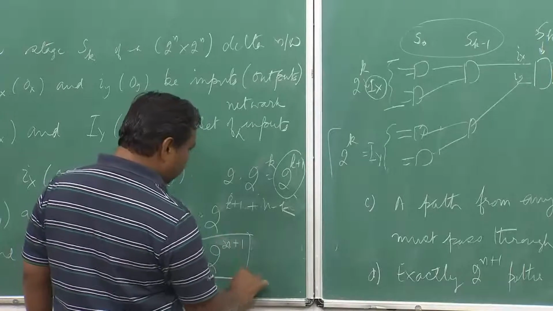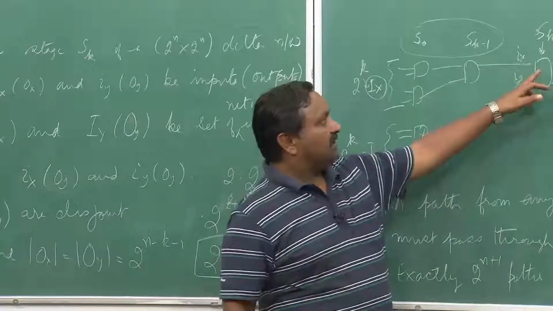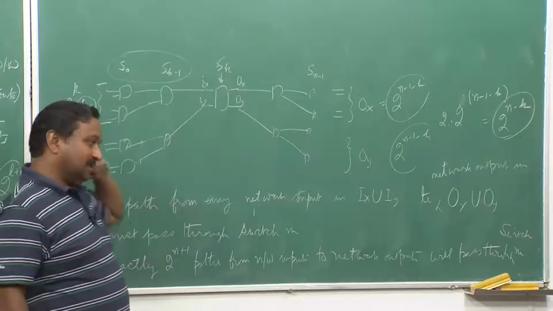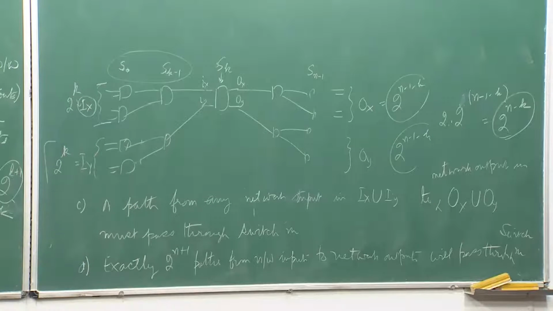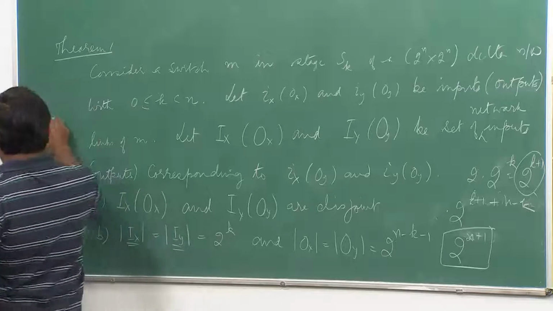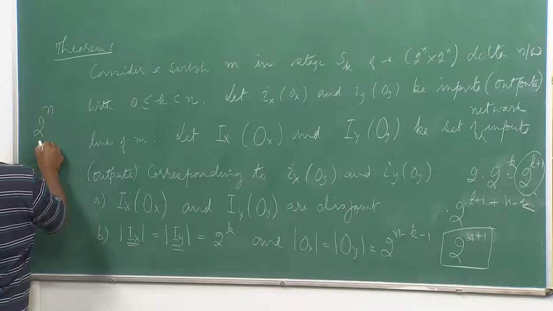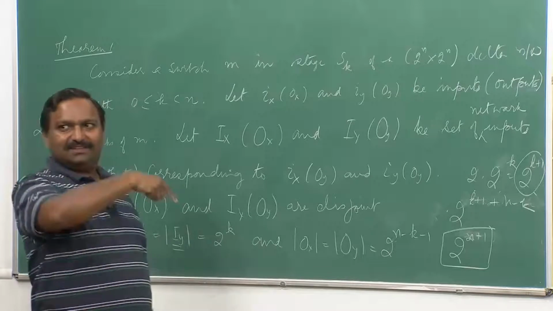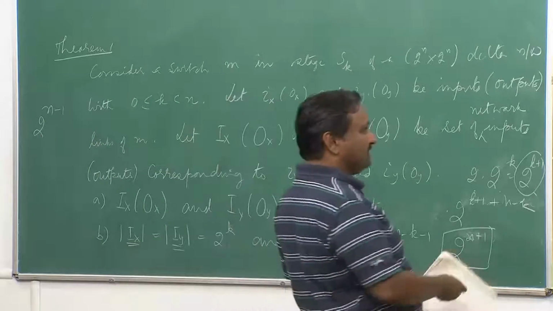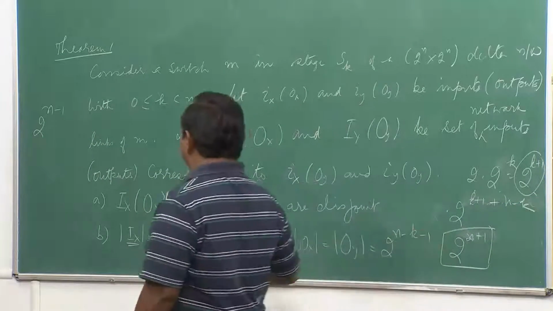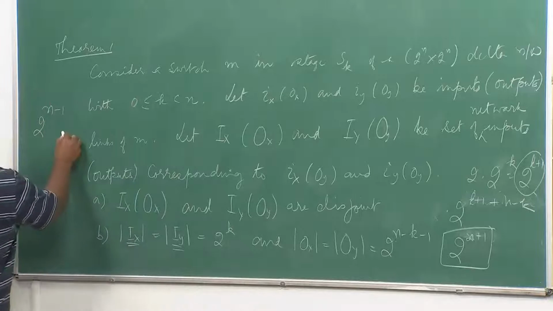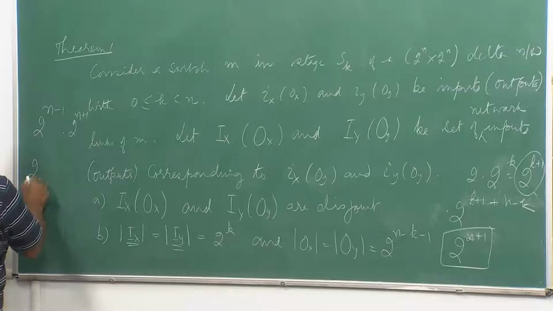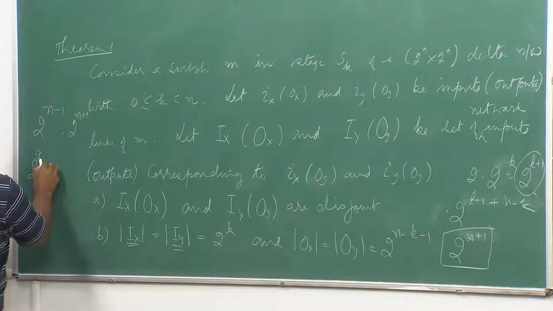So, this many paths are possible from a single switch, and how many switches are there? These will be 2 raised power n minus 1, this many switches are present in a stage. So, the total number of paths which can actually exist is simply the multiplication of these two. So, this will give me 2 raised power 2n.